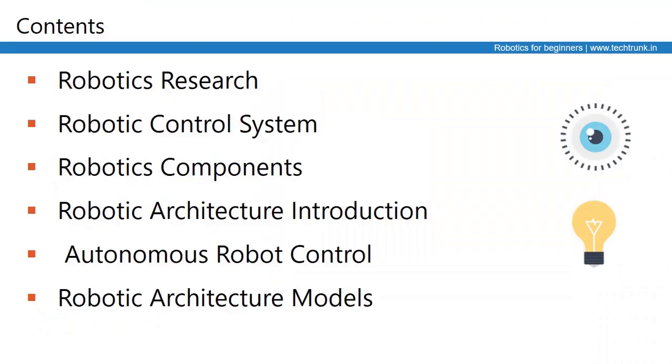The content that we'll be discussing in this video covers robotic research and current research trends in robotics, and robotic control systems. We'll also be discussing some robotic components, and we'll have an introduction to robotic architecture systems, covering various types of architecture models like behavioral architecture, abstraction layer architecture, subsumption architecture, and other hybrid architectures as well.